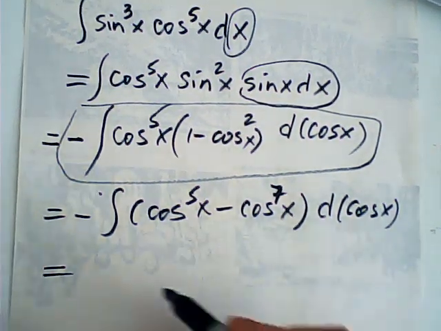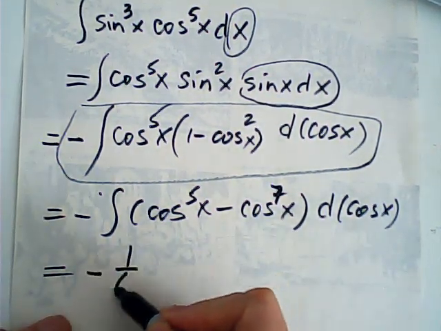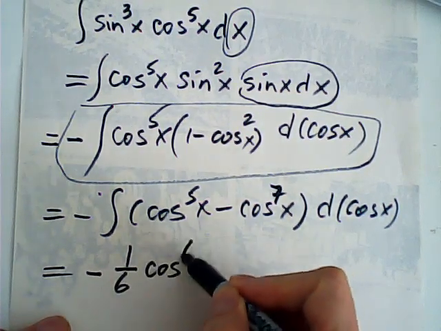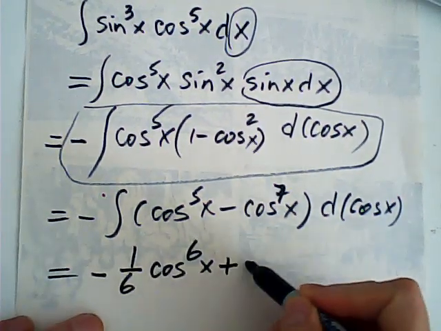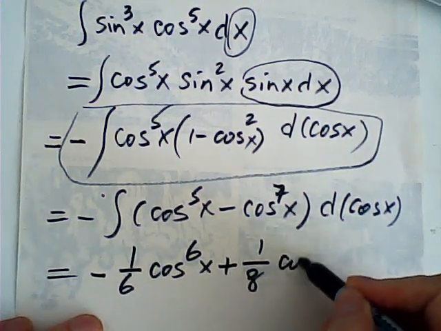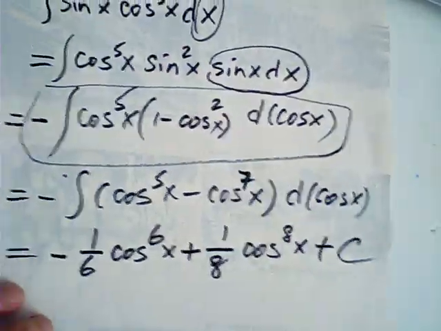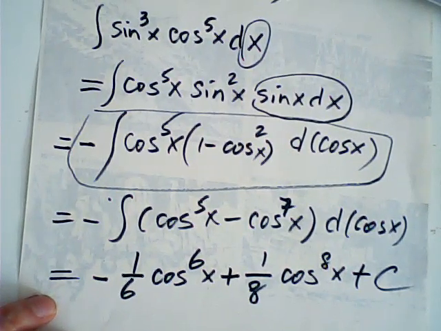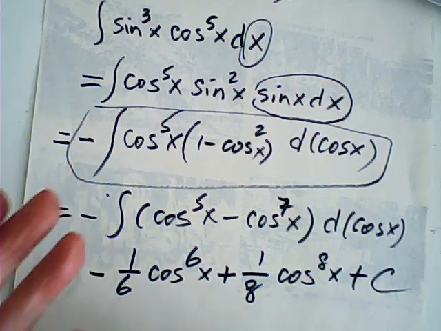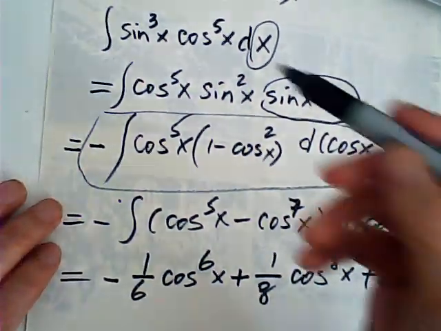So that becomes very easy. Negative 1/6 cosine^6 x plus 1/8 cosine^8 x plus C, see? All right. Of course, you can simplify a little bit of algebra.